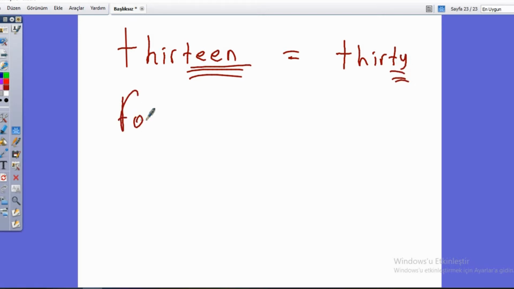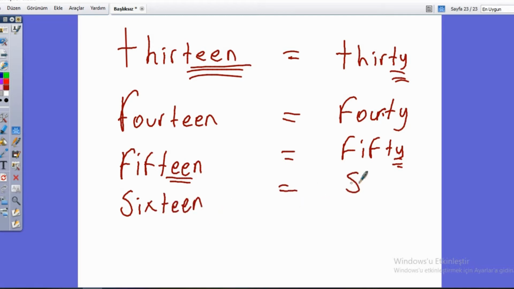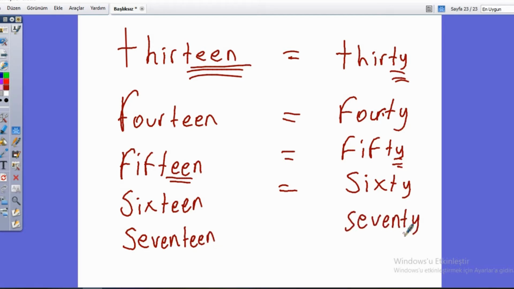Like 14, 40. 15, 50. 16, 60. 17, 70. 18, 80.